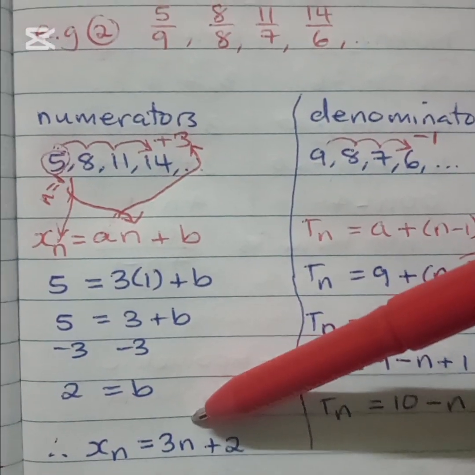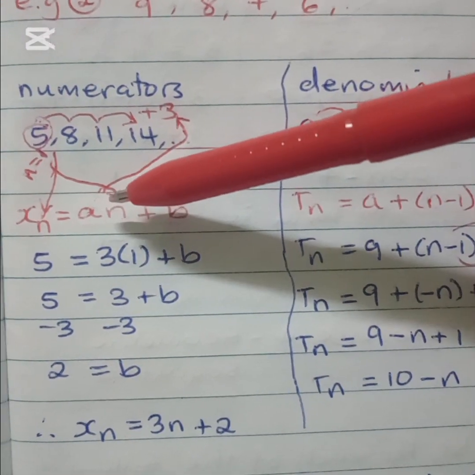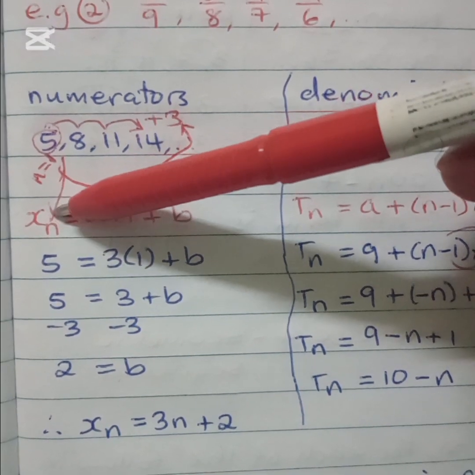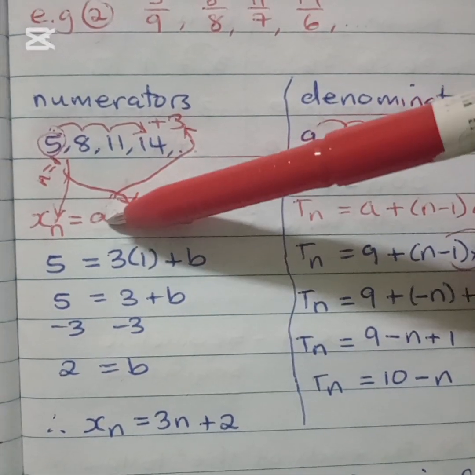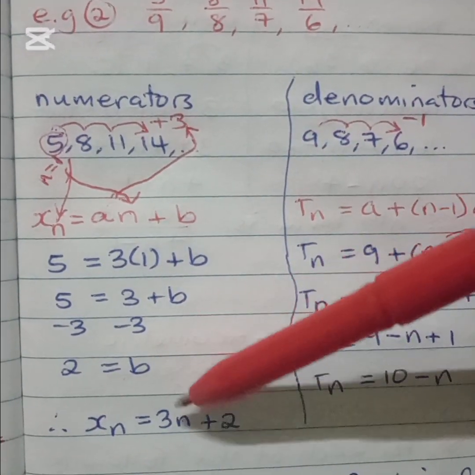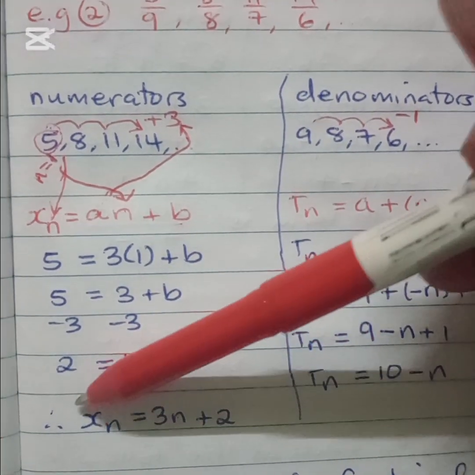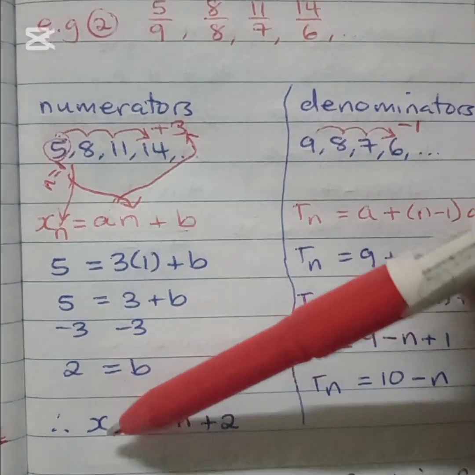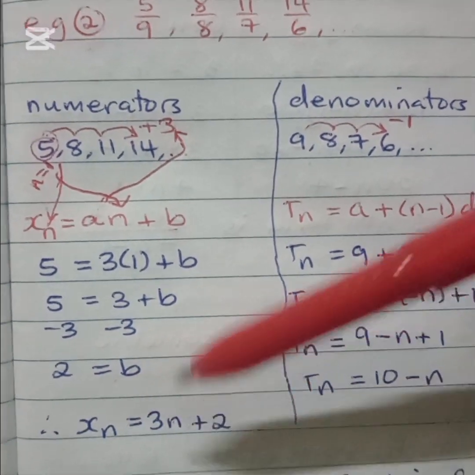Take note, for this method, after we find b using xn, a, and b, we plug a and b back in, and we leave n alone because n is the position for any term that we are looking for. This is the general rule for the numerators of the sequence, so we don't know which term we are looking for, so for now we leave n as it is.